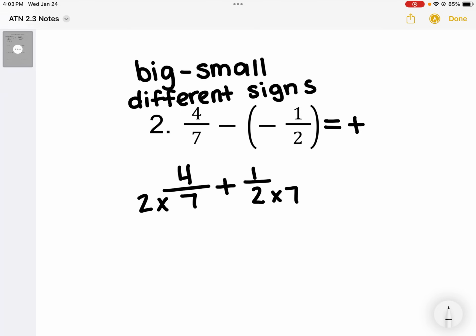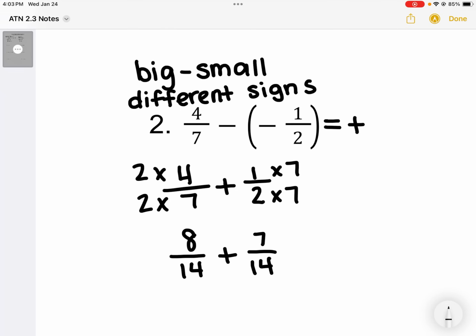Because I multiplied the denominator by each number, I also need to multiply the top. Now I can simplify. 4 over 7 becomes 8 over 14. 1/2 turns into 7 over 14.